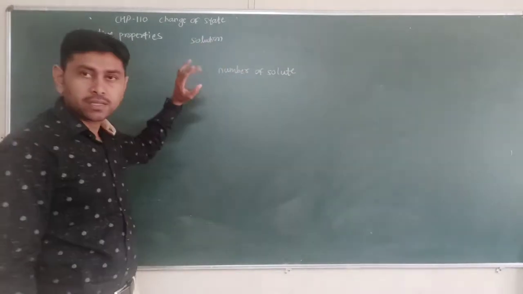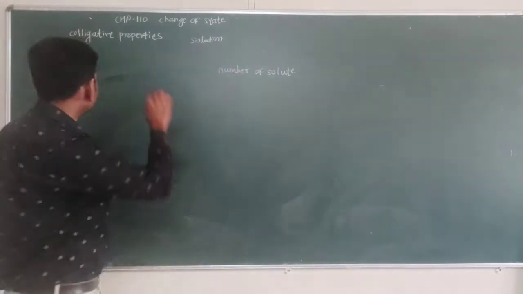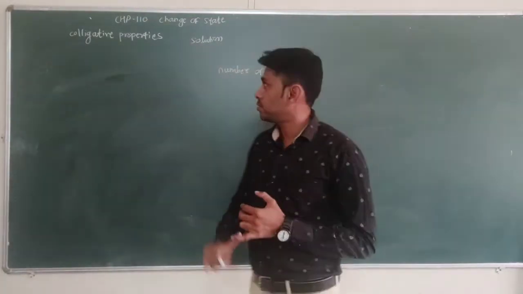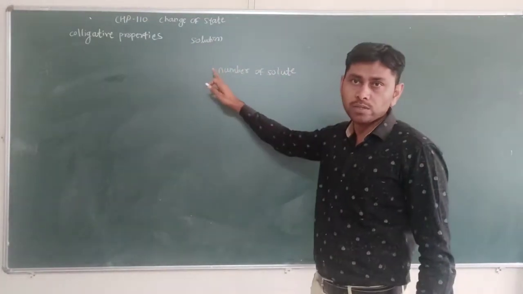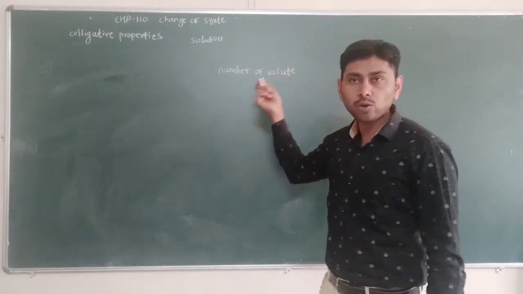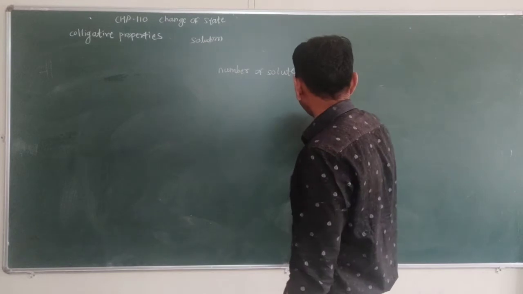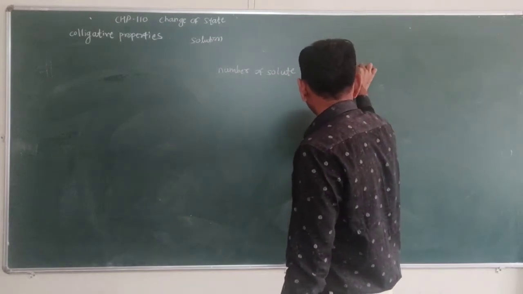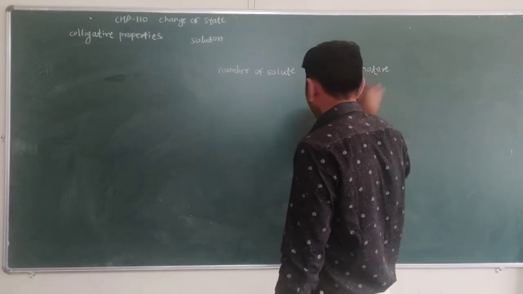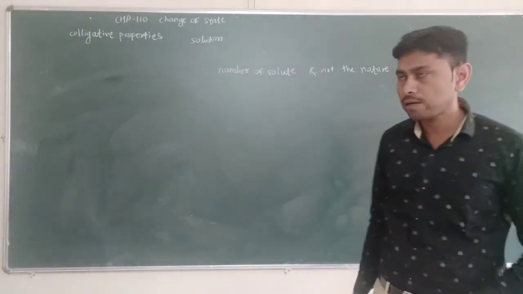So the definition of colligative properties says that the properties whose values depend on the number of solute particles and not the nature of solute particles. So if you change the nature of solute particle, then these properties have no effect.